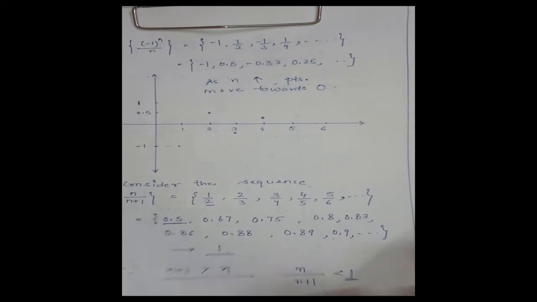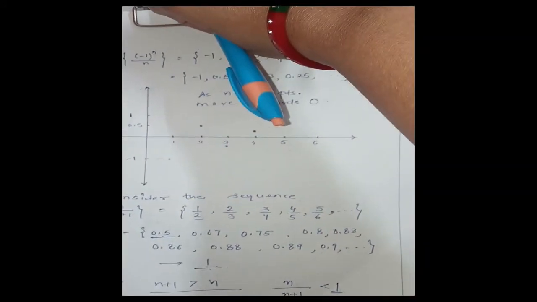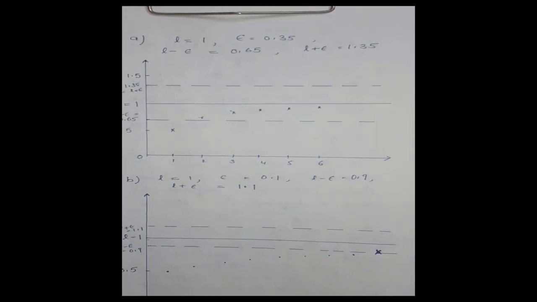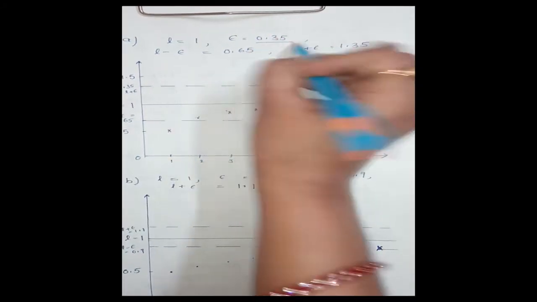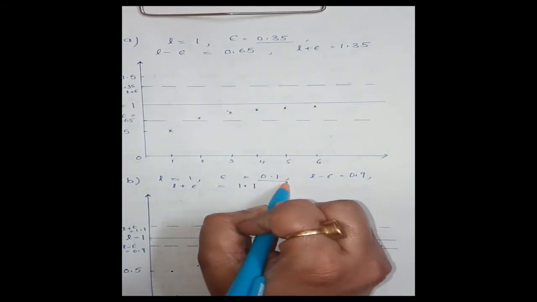Now, we plot the graph of the sequence. First take L to be 1 and epsilon to be 0.35. We will plot one graph with epsilon as 0.35 and one graph with epsilon as 0.1.